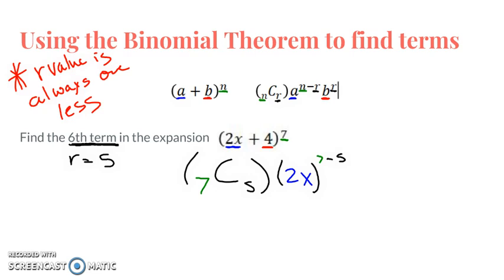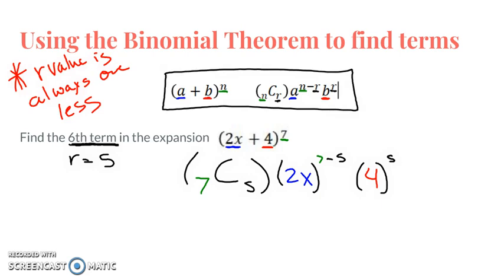And then my last one, I've got my b value, which is 4, and I'm going to take that 4 to the 5th power. So we need to know this just so that we know what to plug it into to find that specific term.